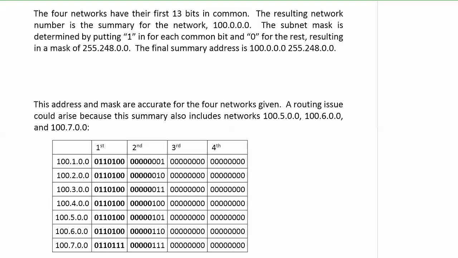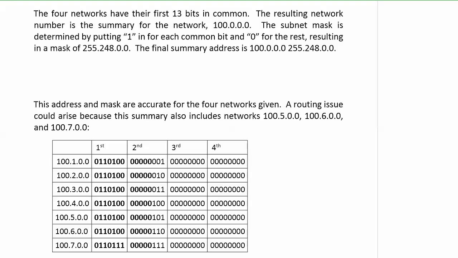And then the network mask, the summary mask, I should say, is determined by putting 1 in for each common bit and 0 for the rest, resulting in a mask of 255.248.0.0. Nothing to it, right? First 13 bits. So the final summary address is 100.0.0.0, 255.248.0.0.